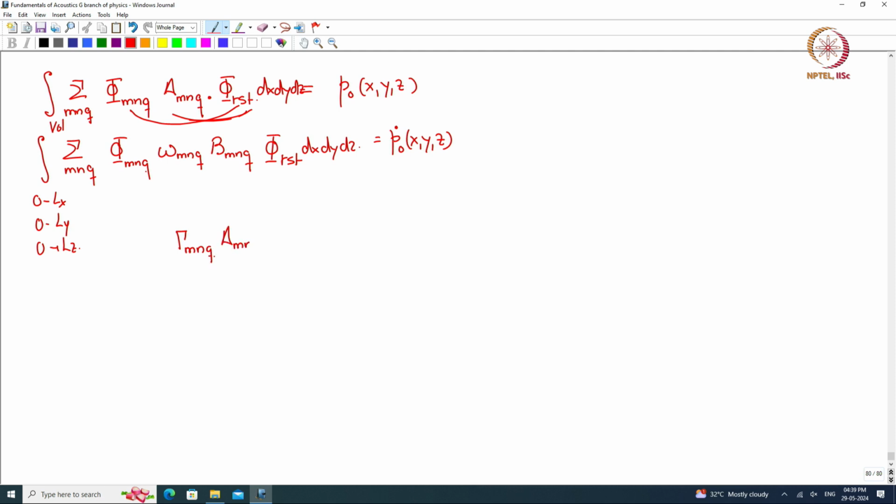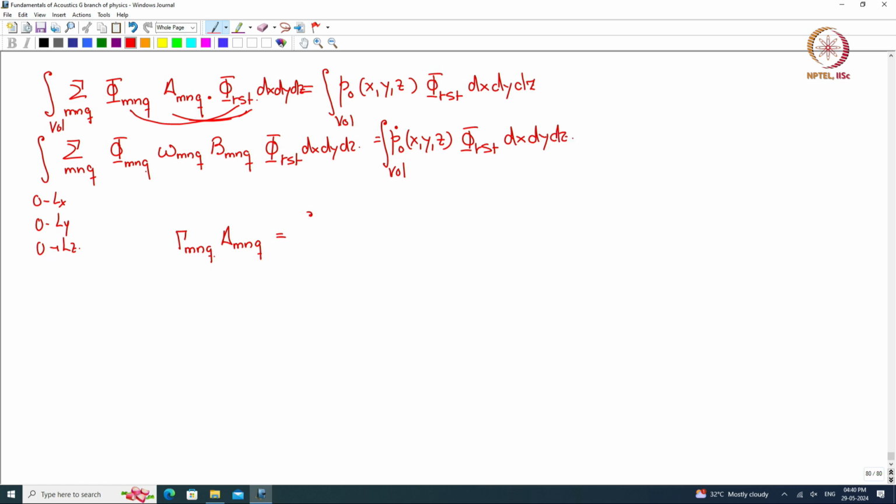I have to do the same on this side, which I forgot: the integral over the volume of p0 phi_rst dx dy dz.